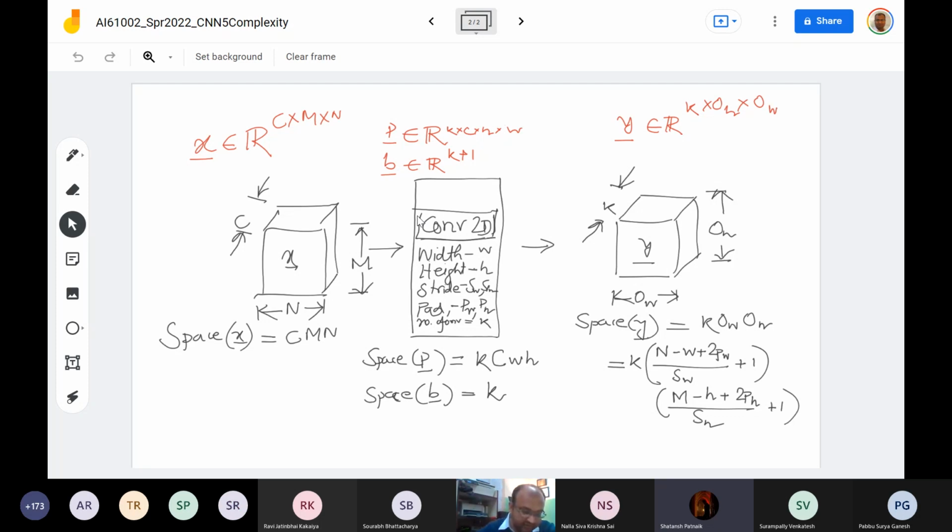Okay, so if this is the condition, then this is what I require. Now, in general, you have understood how much space will be required over here.